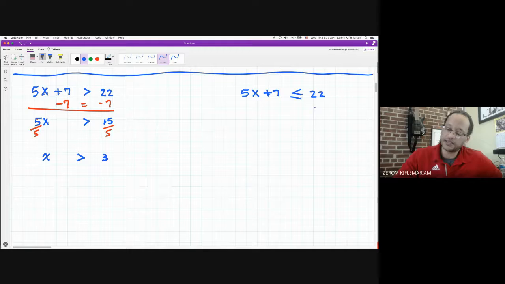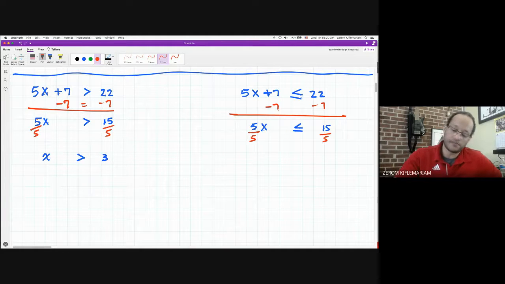On the other side, I'm going to change it to 5x plus 7 less than or equal to 22. The same thing happens: take away 7, take away 7. I have 5x less than or equal to 15, divided by 5, divided by 5. Then I have x is less than or equal to 3.